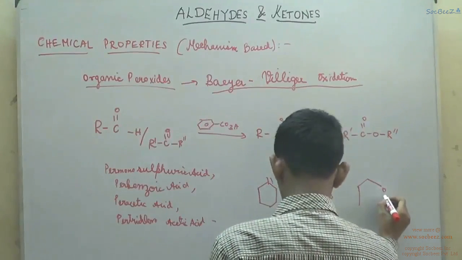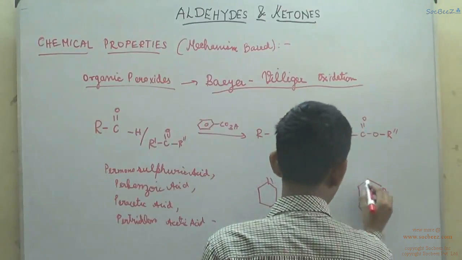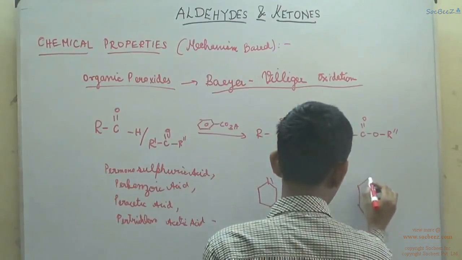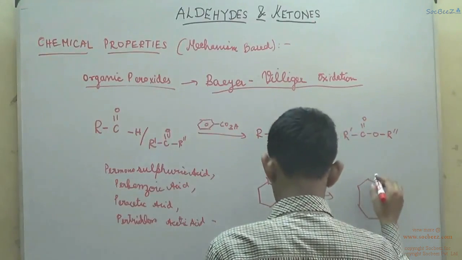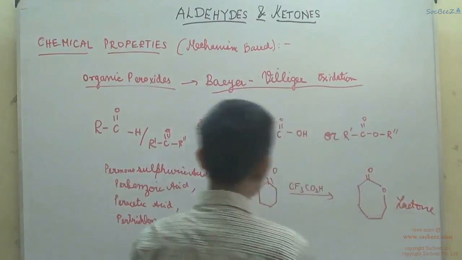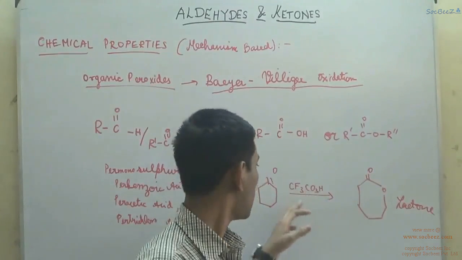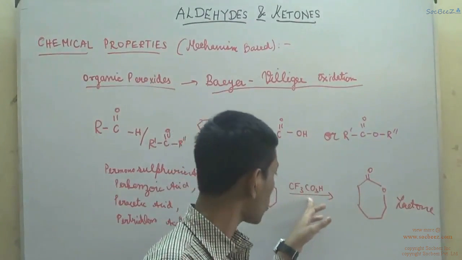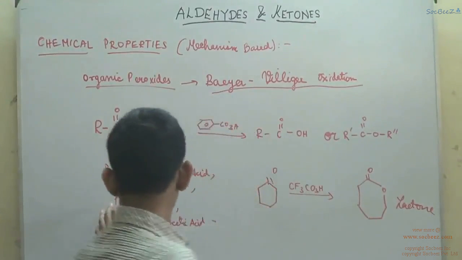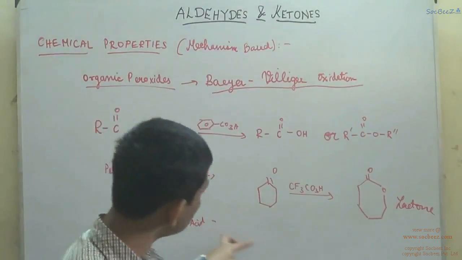What happens? If you take cyclic ketones, then you have to treat with CF3, remember, with this pertrifluoroacetic acid.